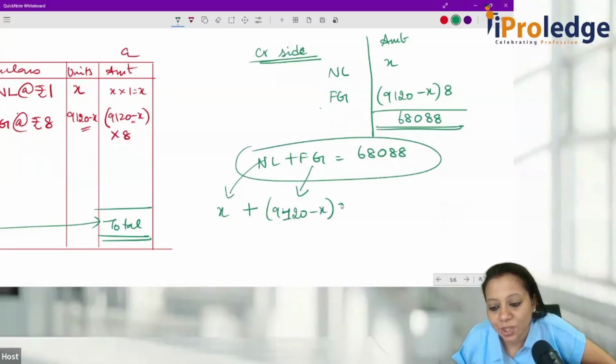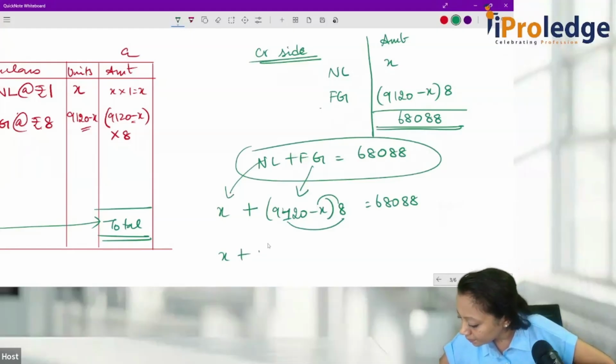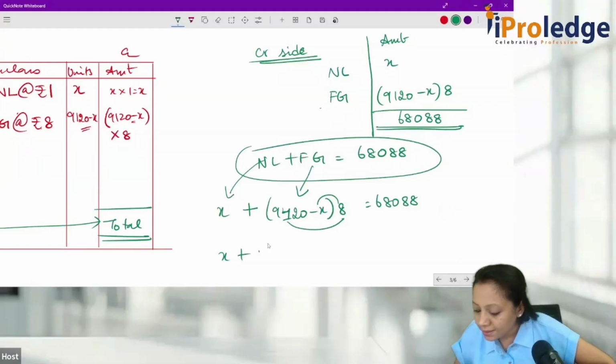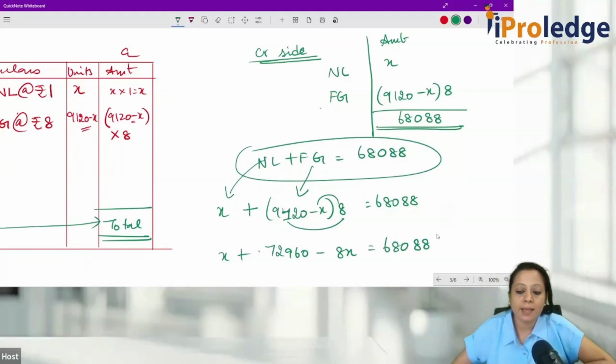So now what I'm going to do is X plus, this is only normal loss, FG is 9120 minus X into 8. So we should follow BODMAS. We all know that. So we will multiply. So X plus 9120 into 8. Is it 72,960? Right, dears. Minus 8x is equal to 68088. Now let's combine all the amounts and x together.